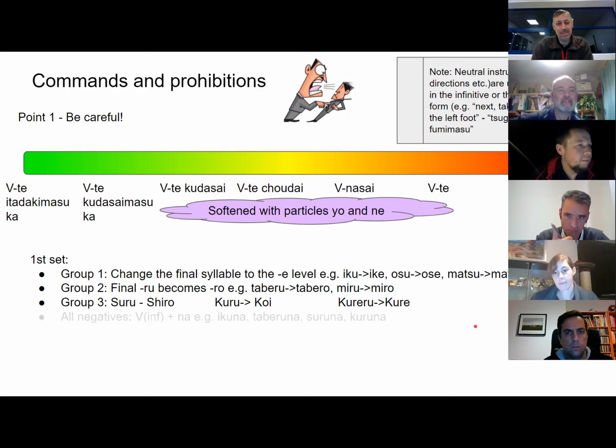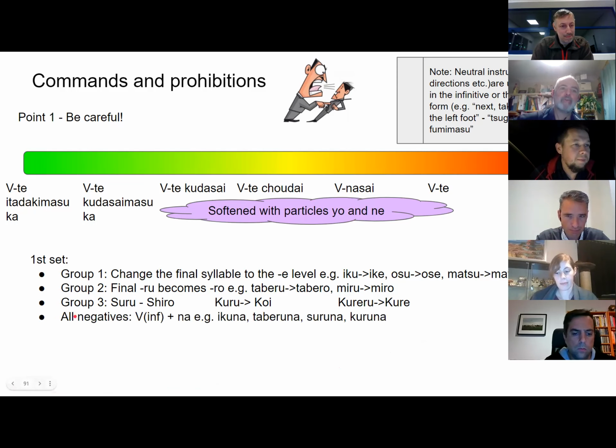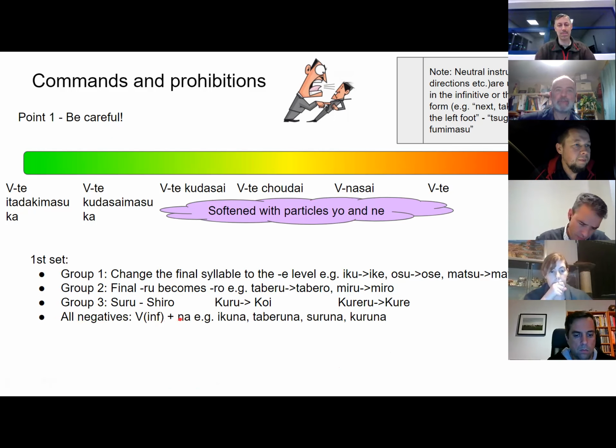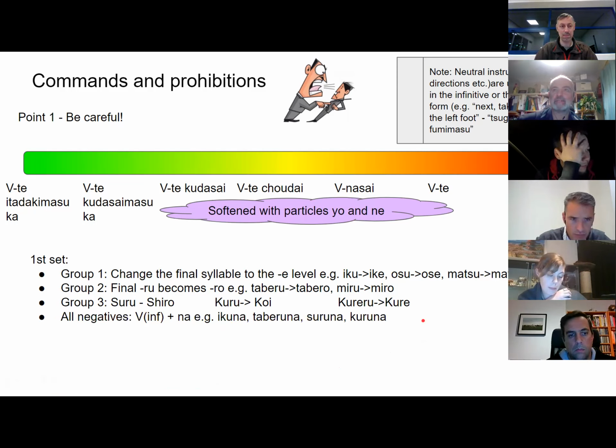Okay. For negatives, to say don't do this, we can just put all of the verbs into the infinitive and put na at the end of it. So iku becomes ikuna, taberu taberuna, suru suruna, kuru kuruna. I can see some of you making notes.